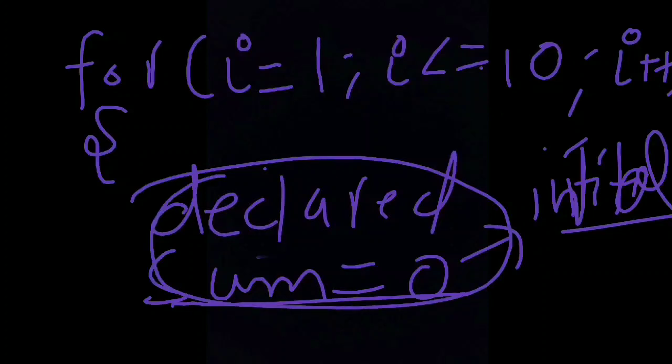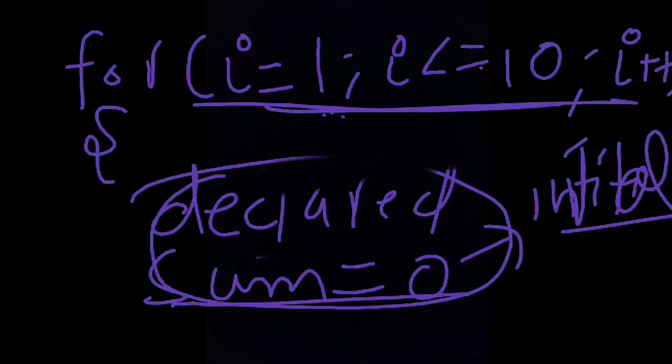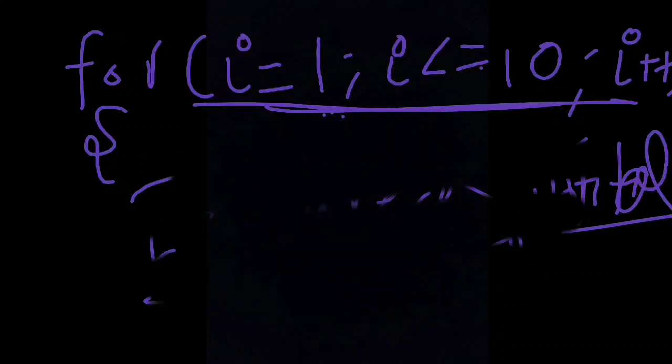Why I did that, you will get to know. You will be told why I initialize sum to 0, or why I am doing whatever I am doing. Just focus here for now. So where was I? I was talking about declaring the sum initially.